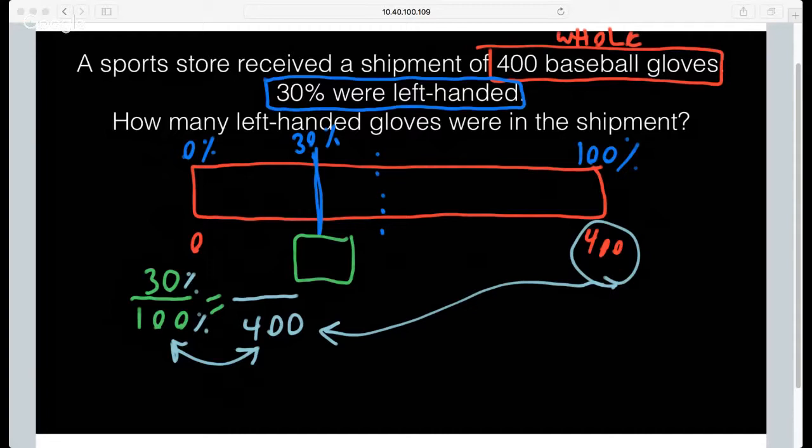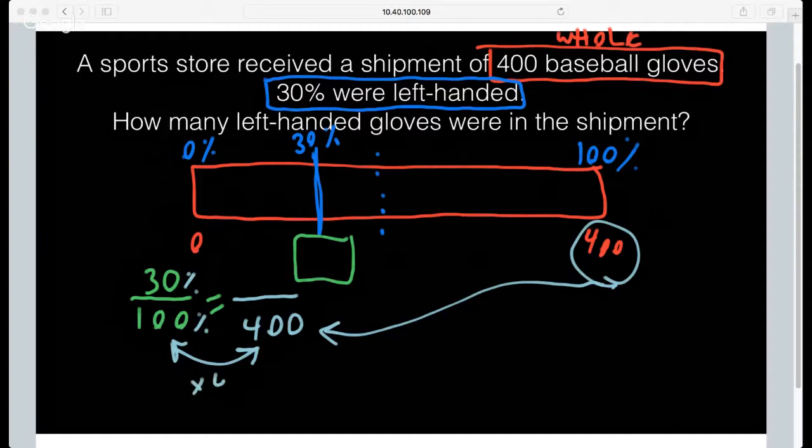Again, I was saying that the 400 gloves is that whole, it's all the gloves. And so that means it's 100% of the gloves. So these two are equivalent to each other. And then 30% of the gloves are left-handed, and so we need to know the number of those. But this is now a proportion. This is a ratio and a ratio that are equivalent, and so we can figure out how to go from one to the other. And so how do we go from 100 to 400?